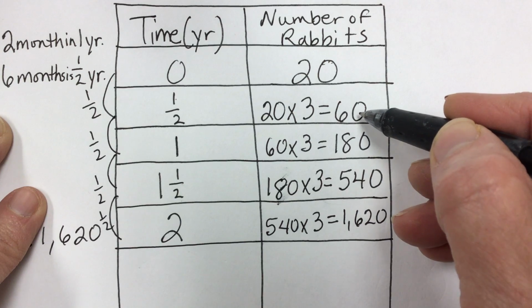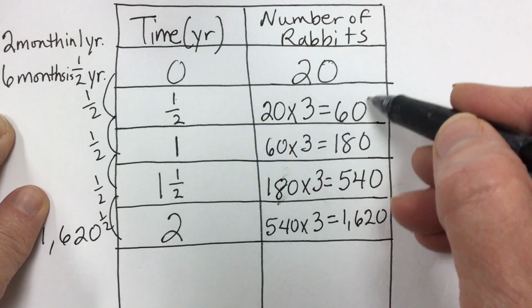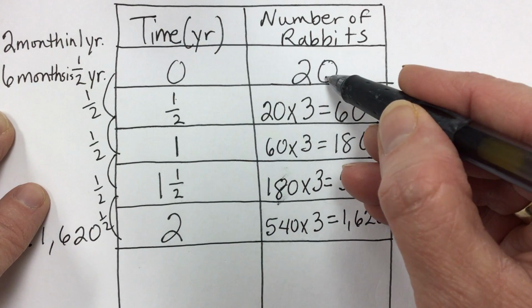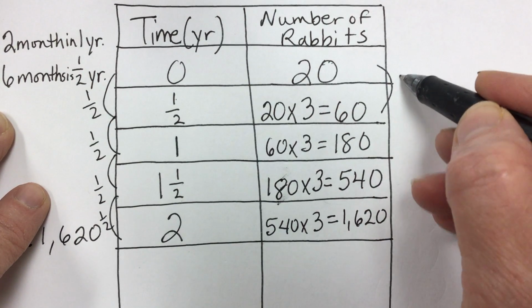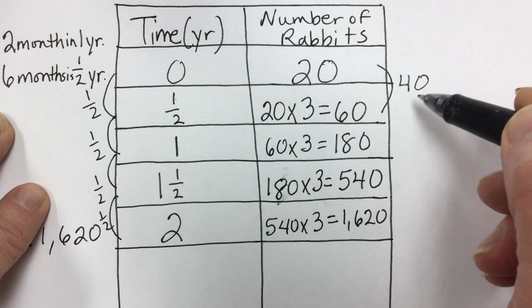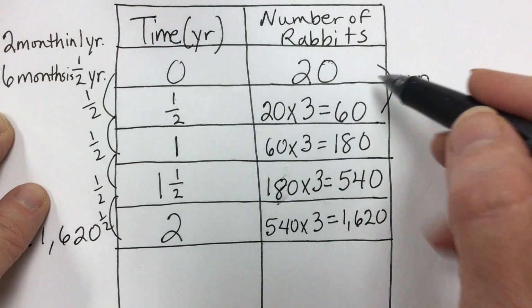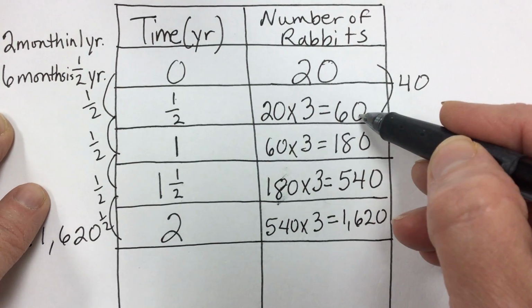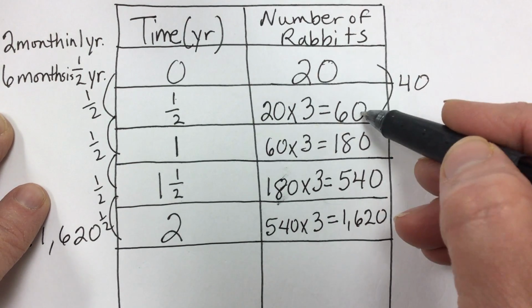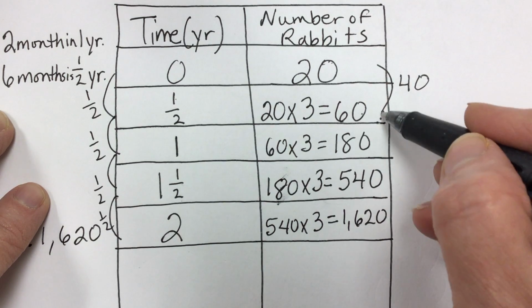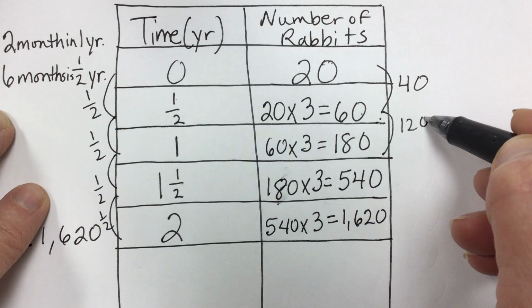You can always subtract them. 20 is being increased to 60. What is 60 minus 40? 20. What is 60 minus 20? 40. You have to add 40 to get to 60. So to go from 20 to 60, we had to add 40. To go from 60 to 180, we will have to add 120.